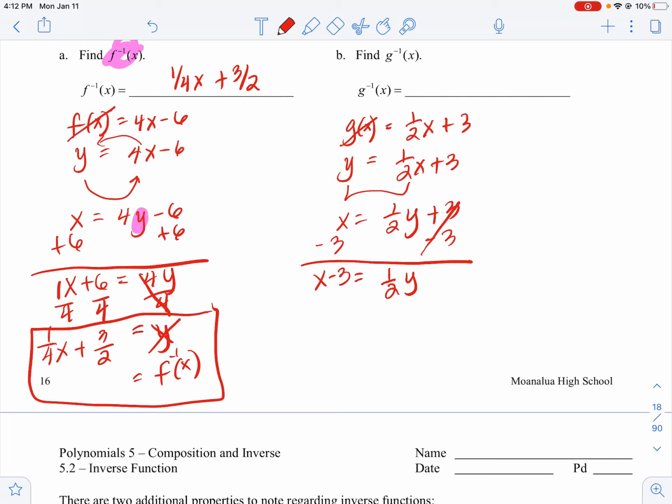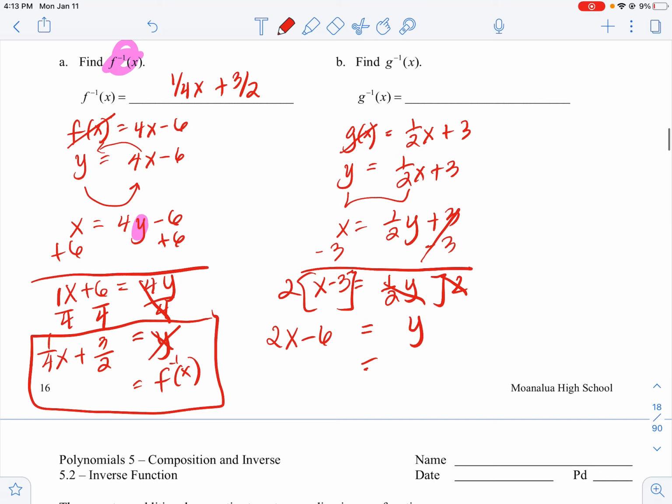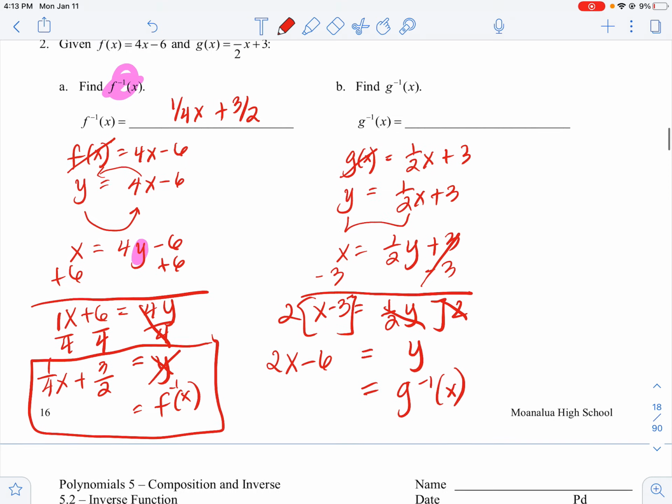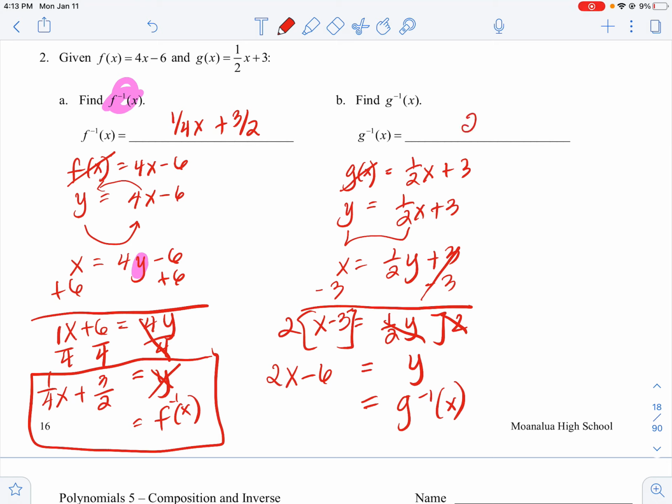So I'm going to multiply 2 on both sides. So that's gone, and we're left with y in there. Distribute the 2: 2x minus 6. So our g inverse of x, our answer is 2x minus 6.